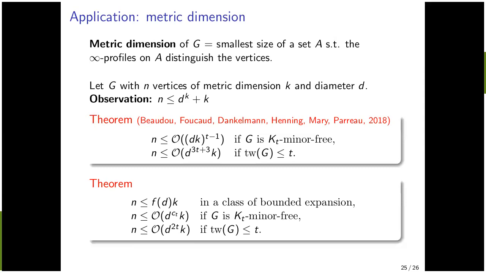Because, okay, a long time ago I was saying that the number of profiles on a set B is at most R to the 4 times B to the 4, using the fact that the VC dimension of the hypergraph of balls in planar graphs is at most 4. Actually, the VC dimension of the hypergraph of balls in K_t minor free graphs is at most t minus 1. Oh, okay. And so we have the same one. But they don't prove it exactly like this by gluing paths like us. They are doing something slightly different, but the VC dimension of balls is there, so it was known before.